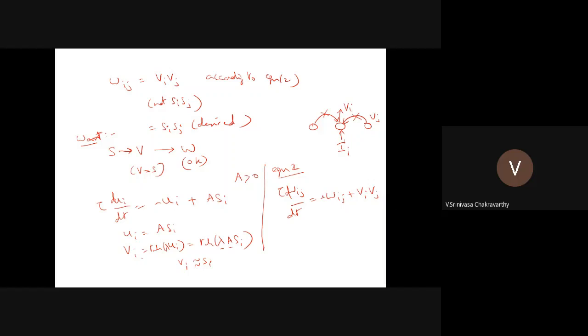So when this goes to stability, this goes to 0, that means 0 equals minus Wij plus Vi Vj. And Vi Vj is equal to Si Sj, so therefore Wij is equal to Vi Vj, which is approximately equal to Si Sj. So this is what we want, and we can get it, right? So during learning, we want to make sure that the lateral interactions don't influence activity much, when external input influences activity.